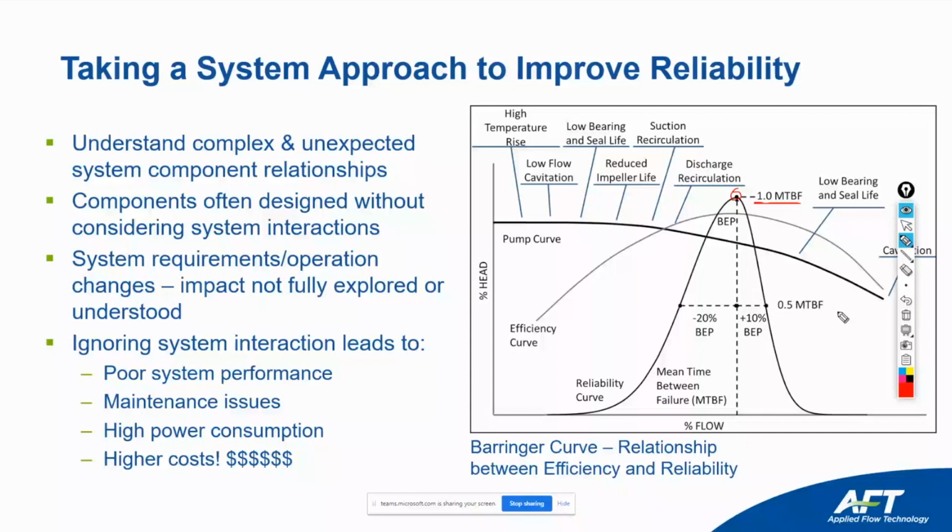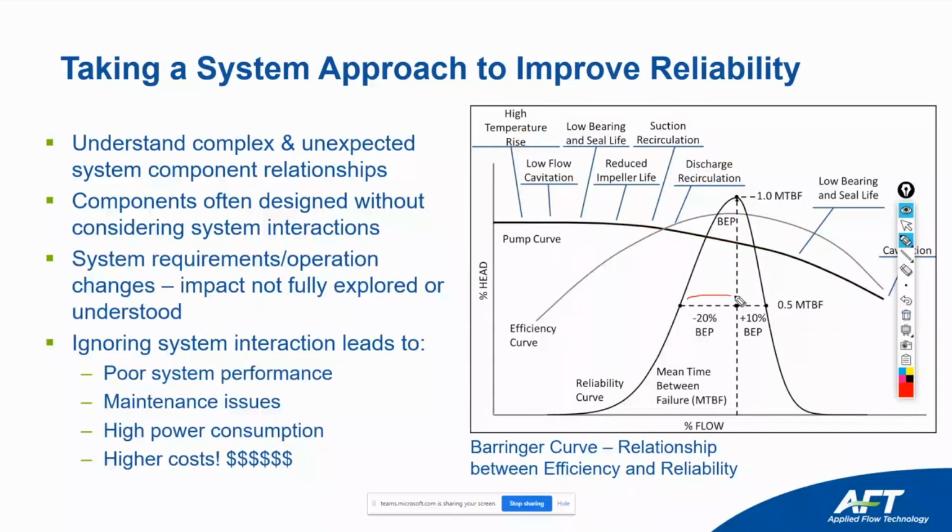If you were to operate at the boundaries of 80% to 110% of the BEP, that reduces the average time between failure by half. So the further and further away that you get from operating at your best efficiency point, you're going to be experiencing several other issues, and that decreases the amount of time between failures significantly.